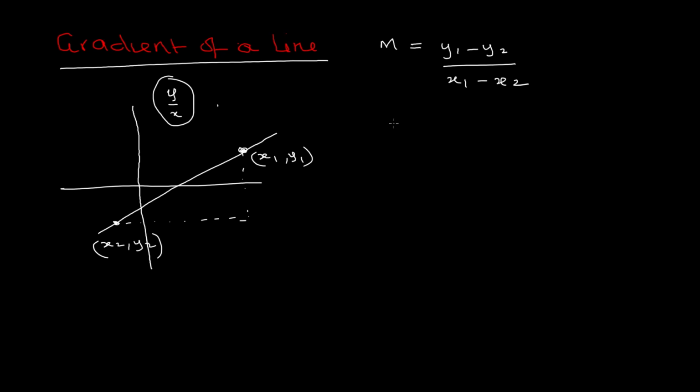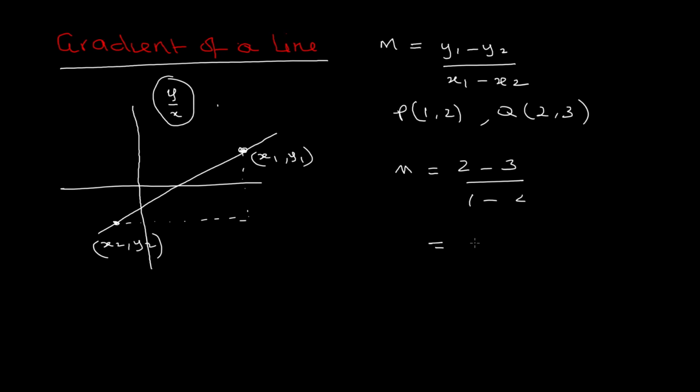Okay, so for example, if I've got 2 points, P (1, 2) and Q (2, 3), and I take this as my first point and that as my second point, our gradient is going to be y1, which is 2, minus y2, which is 3, over the x, which is going to be 1 minus 2.